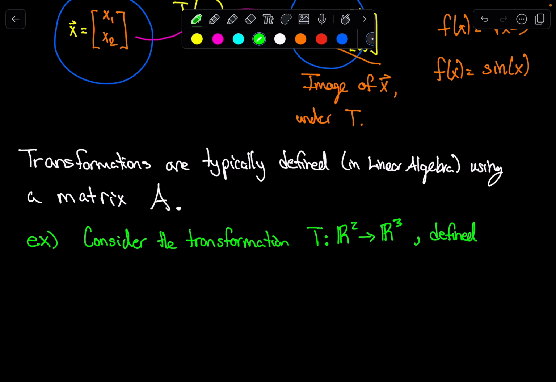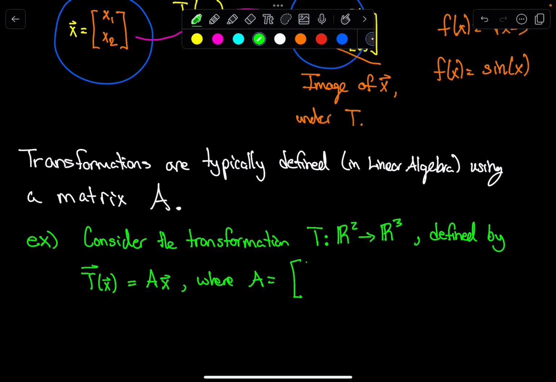We're going to define this transformation by saying that T of X, my output, is equal to AX, where A is the matrix. Let's do 1, 3, -1, and -3, 5, and 7. Okay, so consider T defined by this.